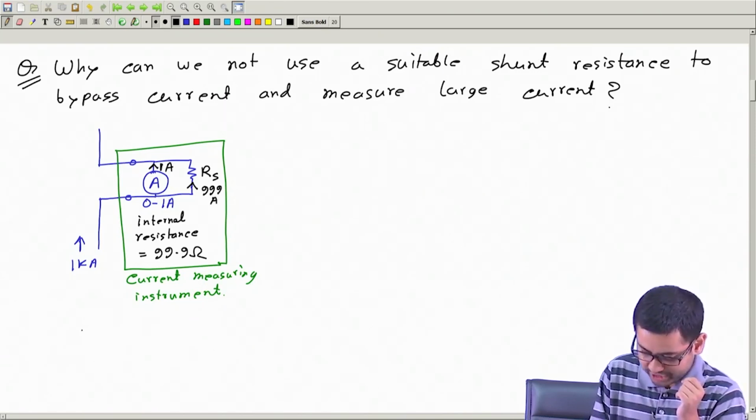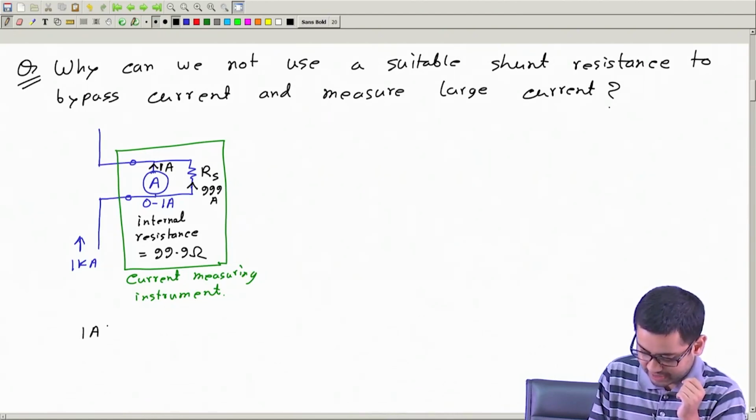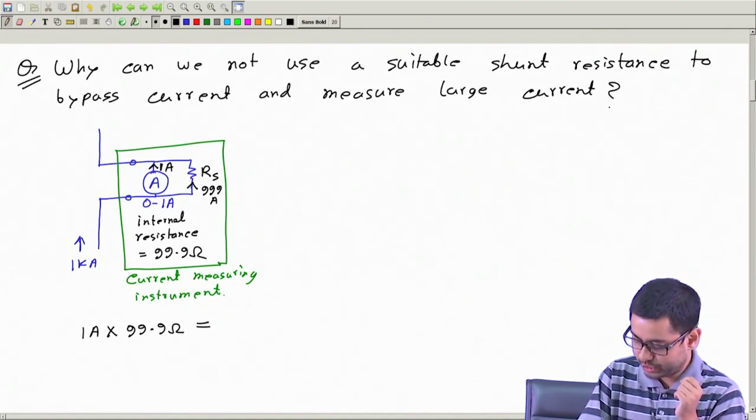Now, from this we can write 1 ampere, the current through the ammeter, multiplied by 99.9 ohm, the meter resistance. This should be equal to the voltage across these two terminals, which is the same as the voltage across the shunt.